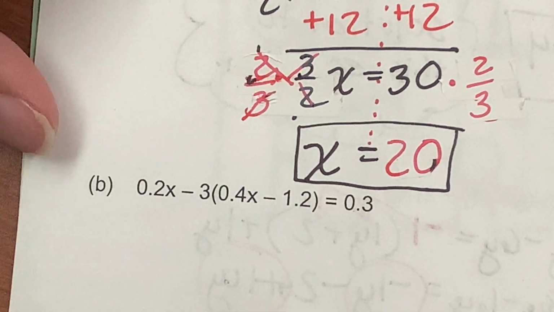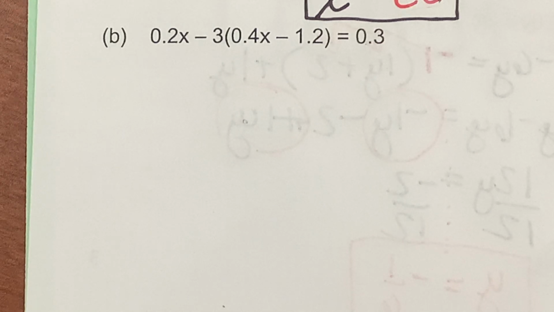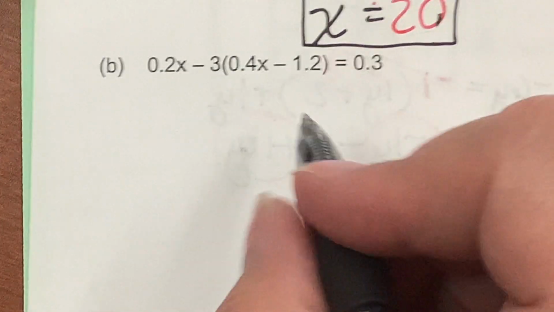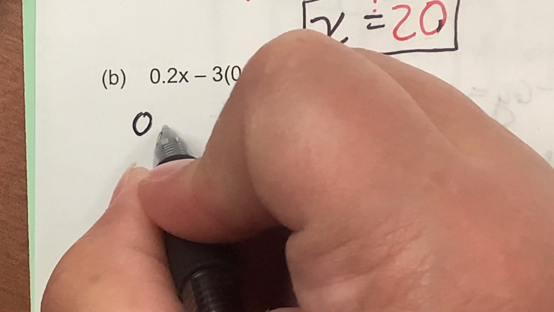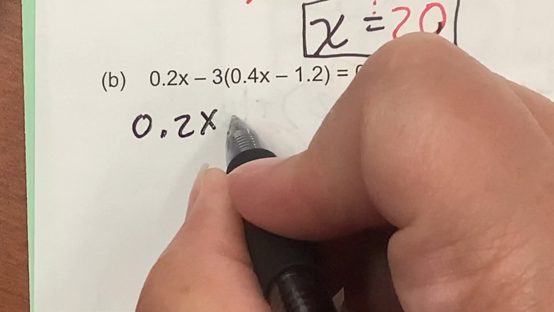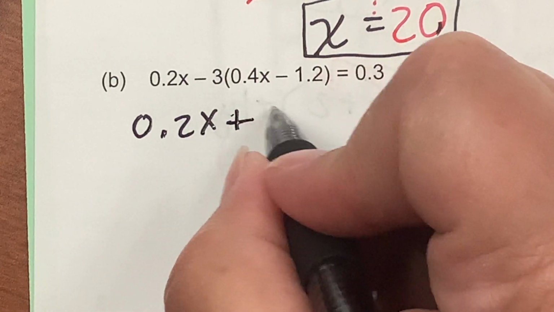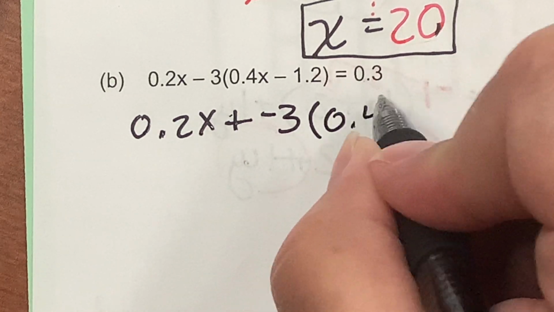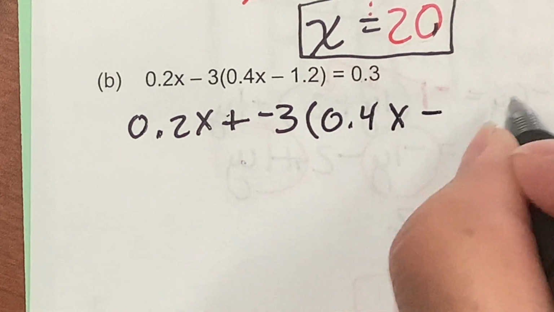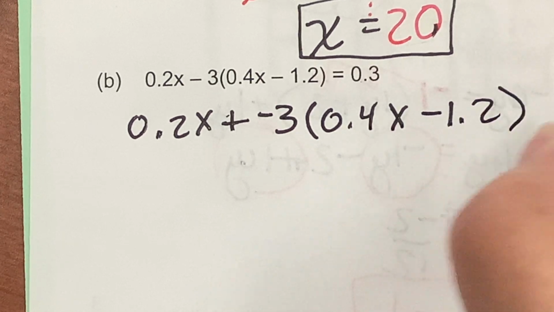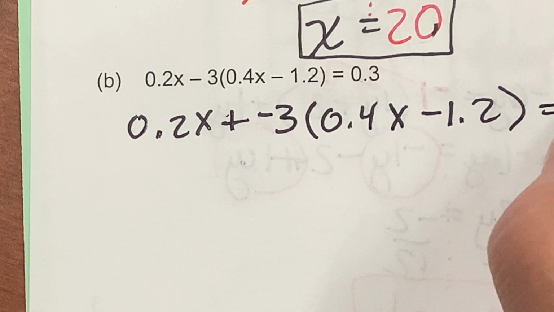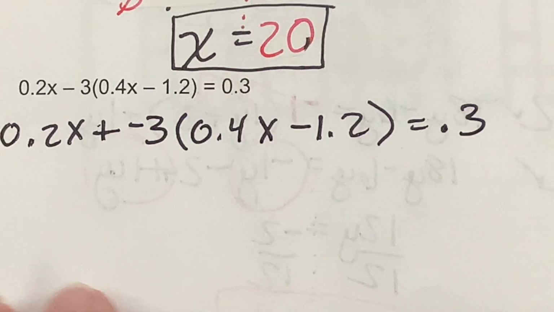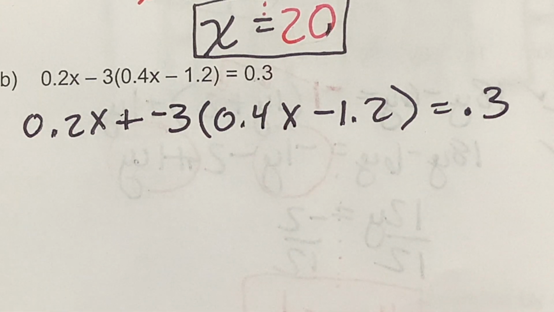All right, last problem we're going to do today. Ooh, decimals. Yay. Blah. Oh, wait, no, yay. Love decimals. When I rewrite it, 0 and 2/10 x plus negative 3 times 0 and 4/10 x minus 1 and 2/10 equals 3/10. Okay, you know what I did. I added a negative.